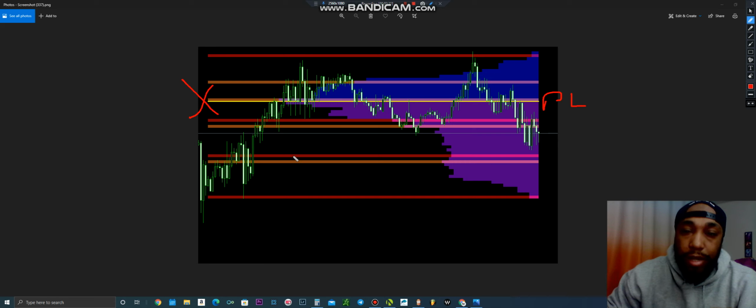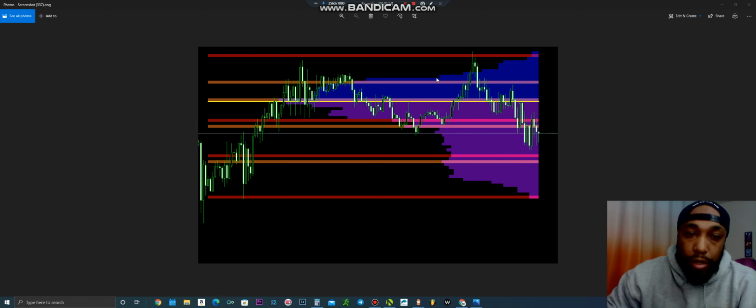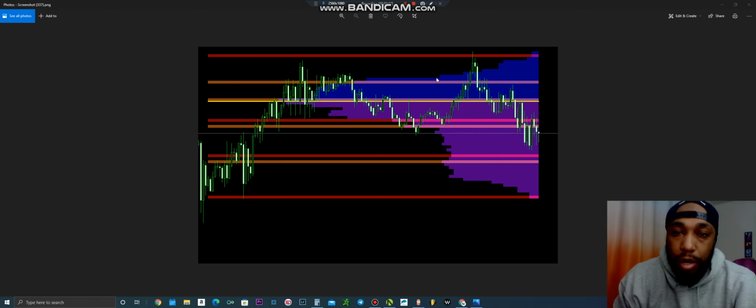If we're trading, let's say, the resistance here, we can expect this market to trade back to the fair price area, which is the yellow line. If the market is coming back, you can expect it to trade back to this area as well. So that's basically market profile.